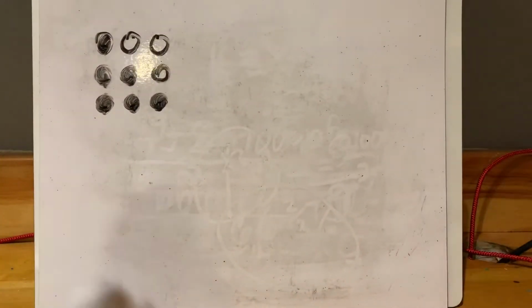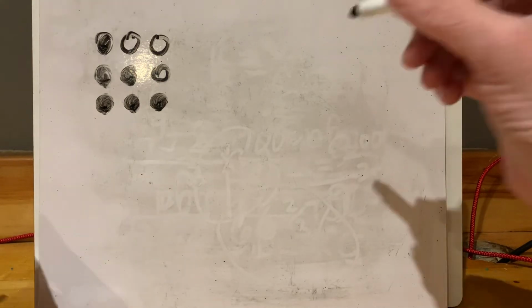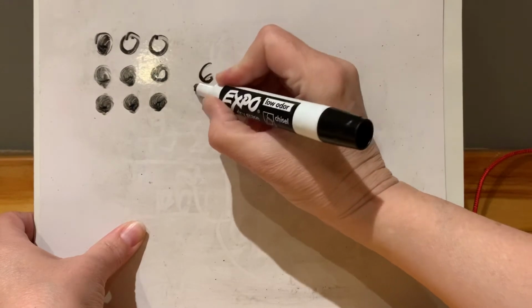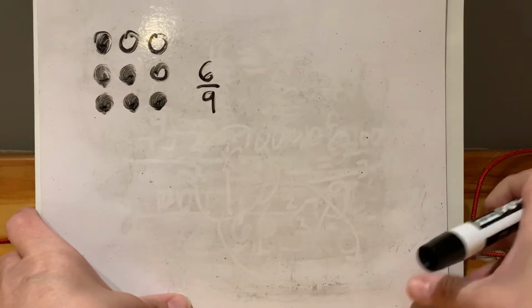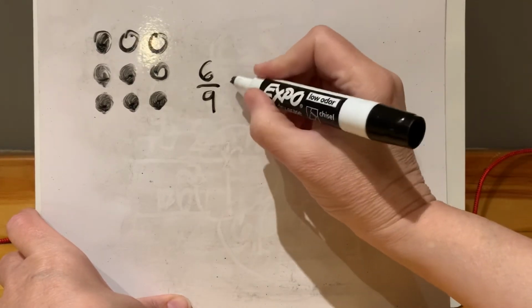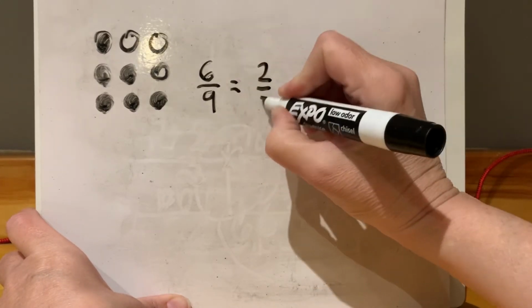On this one, 6 of the 9 circles are shaded. 6 is what percent of 9? First, we write 6 of 9 as a fraction. And this time I'm going to go ahead and reduce it. So that would reduce to 2/3.